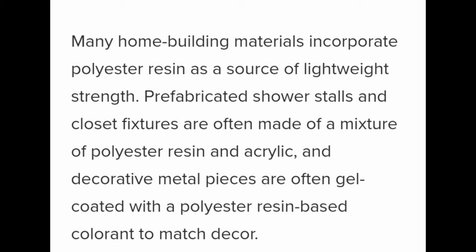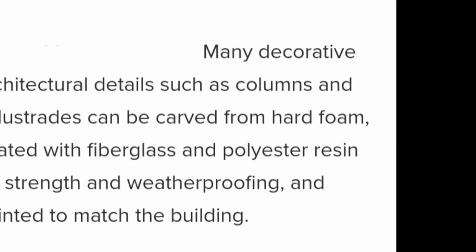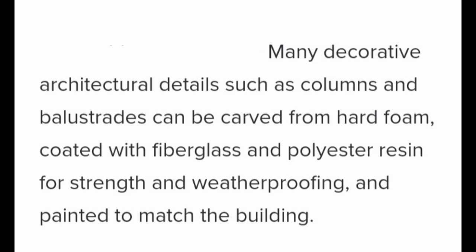This polyester is useful in prefabricated shower stalls. After that, many decorative architectural details such as columns and balustrades. The balustrade means a screen to prevent people from falling over the edge of balconies.